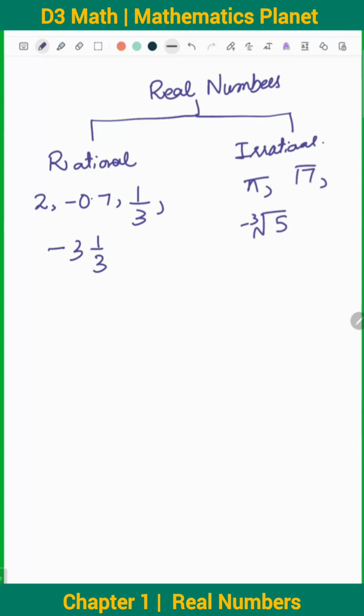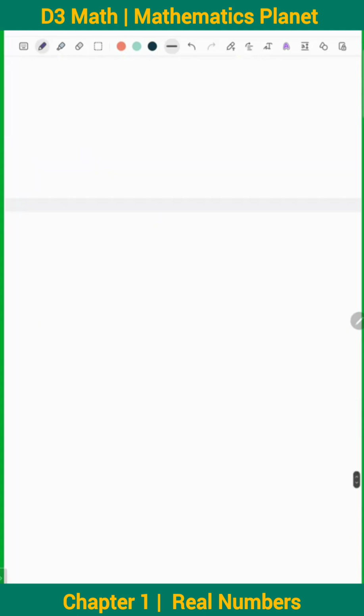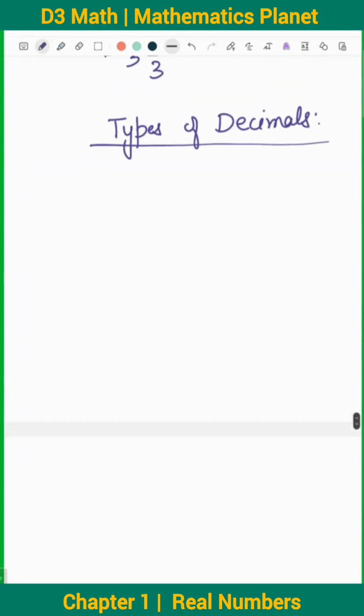Now there are types of decimals. Today we are going to study types of decimals. So what are the types of decimals? First of all, we have terminating decimals. What are terminating decimals?